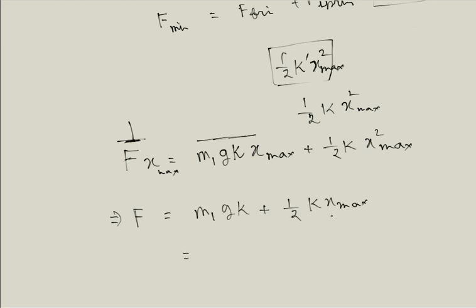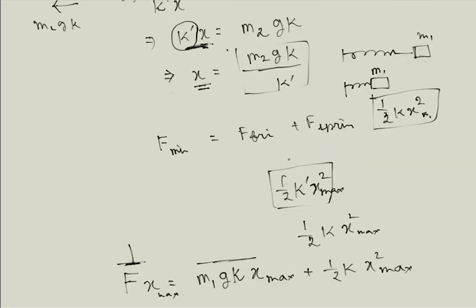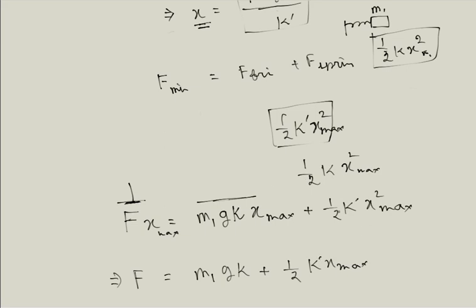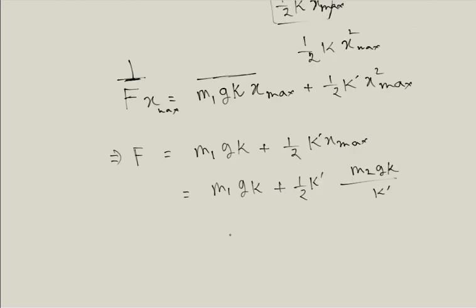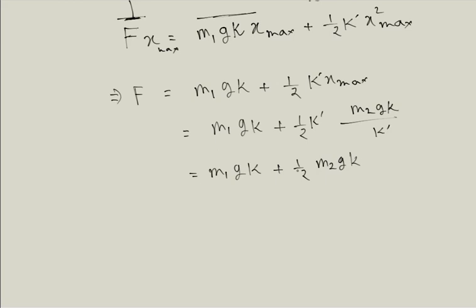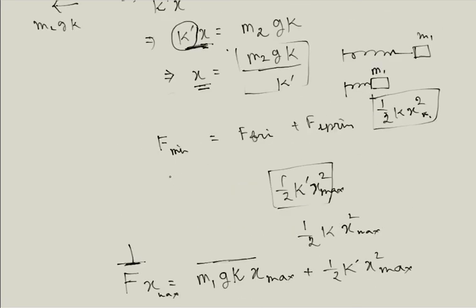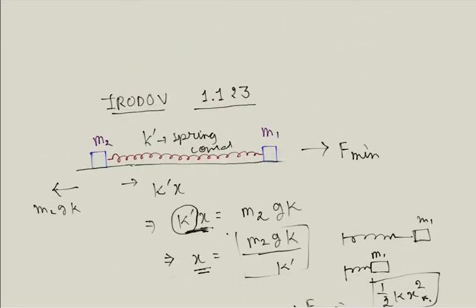Now substituting the value of x from the earlier equation, where k' is the spring constant, F equals m1 g k plus half k' times m2 g k divided by k'. So this is the expression for the minimum force for which the mass m2 starts moving when the force is applied horizontally to the bar of mass m1.